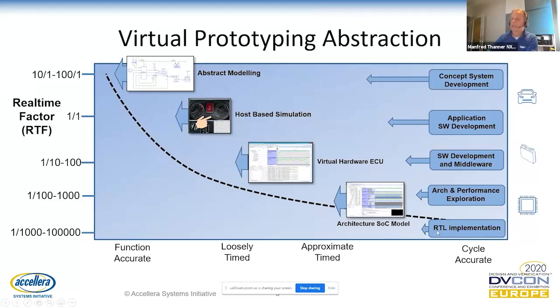That's a very dedicated use case, which we normally see in the area of architectural exploration or benchmarking, but this is down to a very small number of users within the semiconductor companies in most cases. So the majority of virtual prototypes in automotive are moving along this angle here, what you see in the middle of this abstraction diagram. And we'll get back to this diagram over time and refer to it, so probably keep in mind this graph because we will have some reference to it.